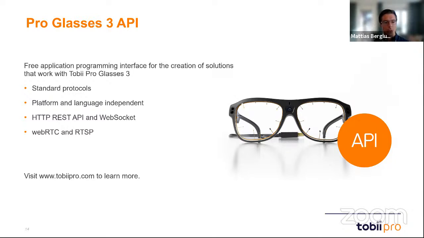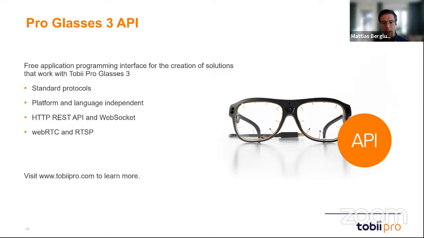You can do both live control and post-session applications. It's platform and language independent. With the HTTP REST API and WebSocket, you get full access and control of the Glasses 3 system in live setups, and you can calibrate, start and stop recordings, etc.